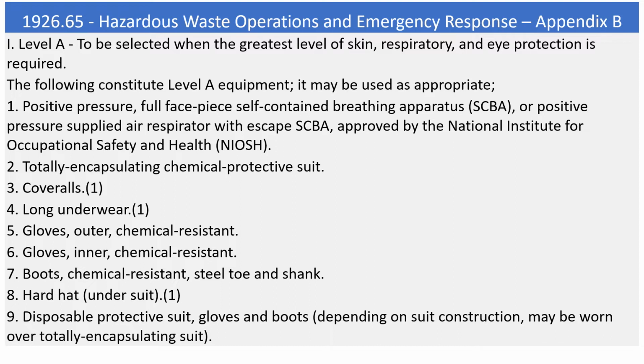Coveralls. 4. Long underwear. 5. Gloves, outer, chemical resistant. 6. Gloves, inner, chemical resistant. 7. Boots, chemical resistant, steel toe and shank. 8. Hard hat, undersuit. 9. Disposable protective suit. Gloves and boots, depending on suit construction, may be worn over totally encapsulating suit.